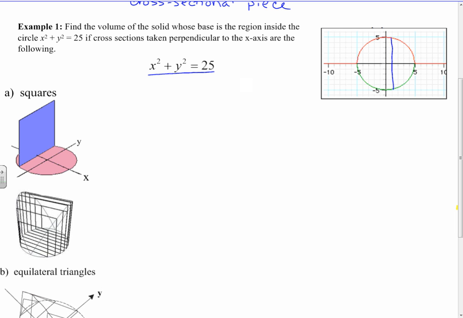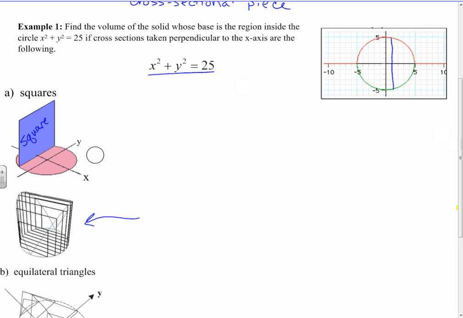So here's the circular base. If I tilt it and tilt my axes, x and y, you can get a better look at this. So look over here to the left, and here's this square cross section that's going to fit in. And if we fit a bunch of them, it's going to give you a 3D image that looks like this.